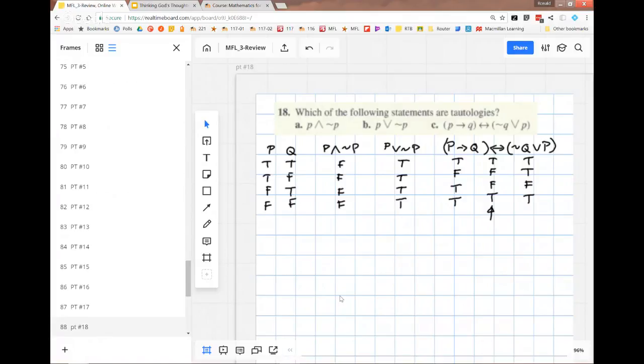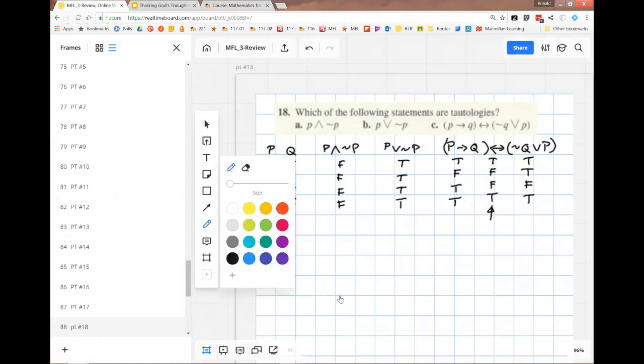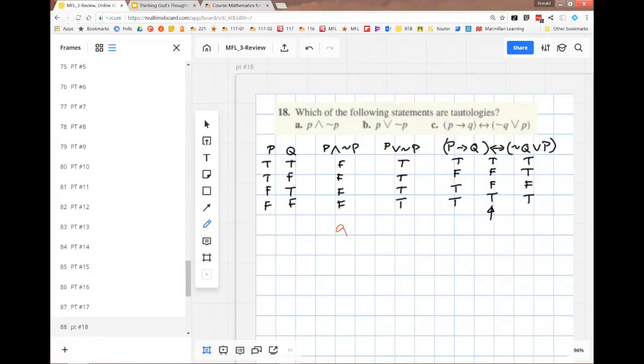So you notice question A, I did in this column right here. Here's where I did B. And then C is the last one, the more complicated one there.